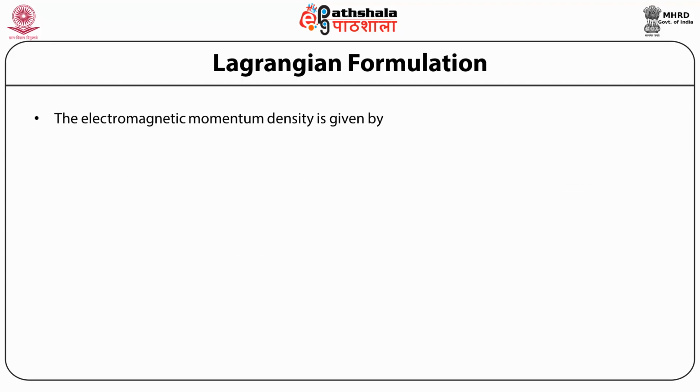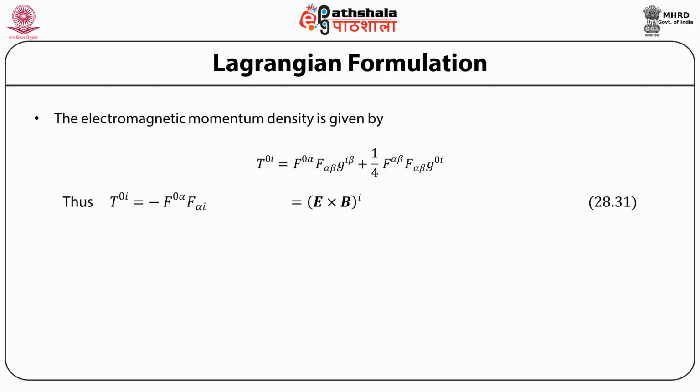The electromagnetic momentum density is given by T naught I is equal to F naught alpha into F alpha beta into Gi beta plus 1 by 4 F alpha beta contracted with F alpha beta into G naught I. Thus, T naught I is equal to minus of F naught alpha into F alpha I, which equals the ith component of E cross B.